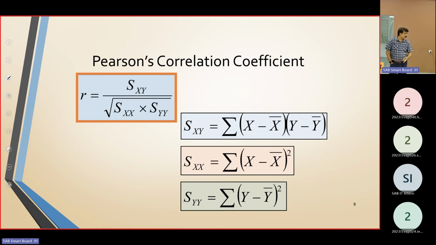And there is another derived version also. First we'll take down this one; after that we can do the other. Carefully have a look at the formula and write it down. Here, x minus x bar, y minus y bar. Sxx is x minus x bar whole squared, Syy is y minus y bar whole squared.